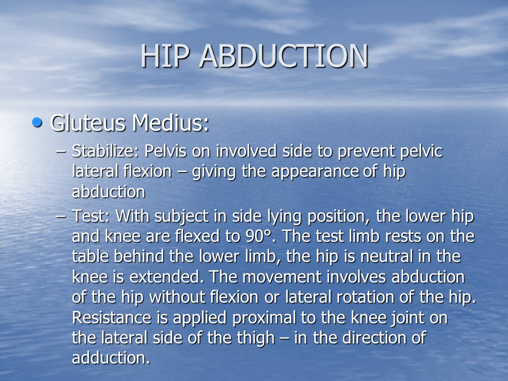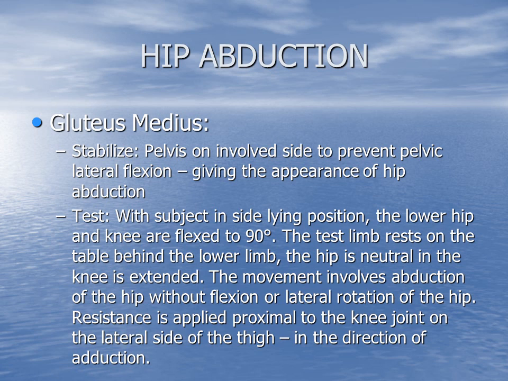Then, with the subject in the side-lying position, the lower hip and knee, meaning the hip and knee that are in contact with the table, are flexed both to 90 degrees. This gives stabilization to the body against the table. The test limb, in this case let's consider the left lower extremity, would lie on the table behind the right lower extremity with the hip in neutral and with the knee extended.